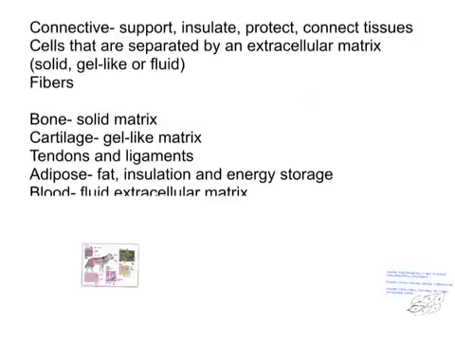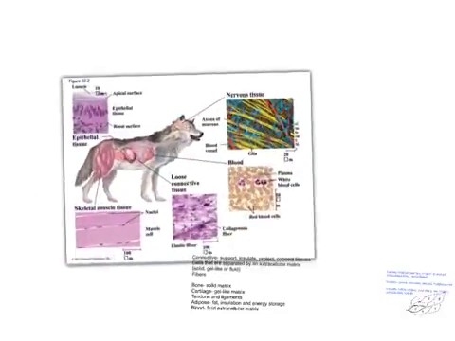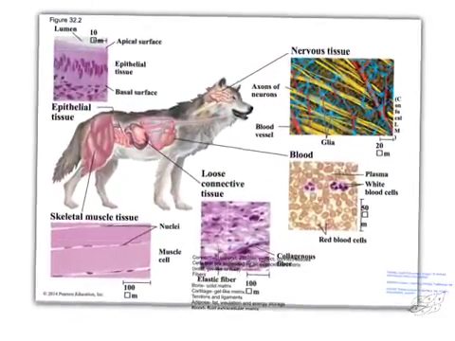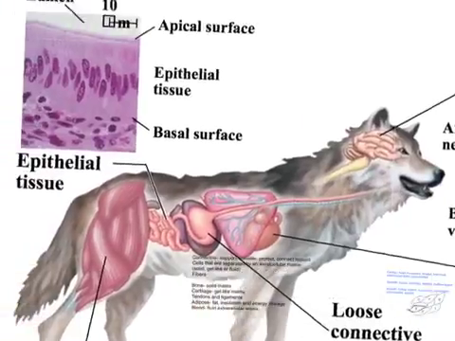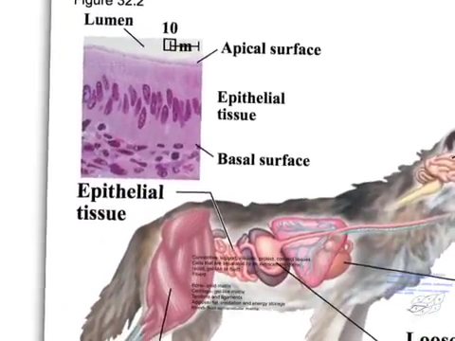So we covered nervous, muscle, and connective. Then finally we have epithelial tissue, and what you see here is an epithelial tissue. Epithelial tissue is found on body coverings.